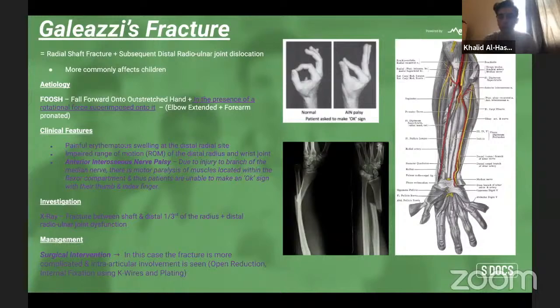So what is the anterior interosseous nerve? The anterior interosseous nerve is a purely motor branch of the median nerve, and damage to this nerve results in motor paralysis of muscles located within the flexor compartment, and thus you are unable to make an OK sign with your thumb and finger. If you take a look at the picture on the top left, you'll notice that this is the normal OK sign, and this is an anterior interosseous nerve palsy.